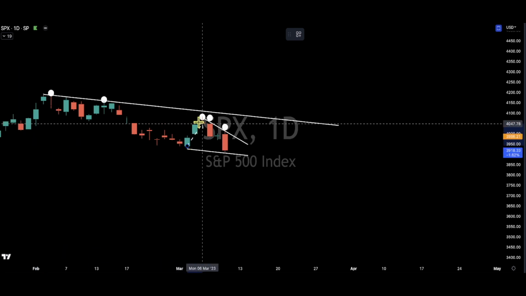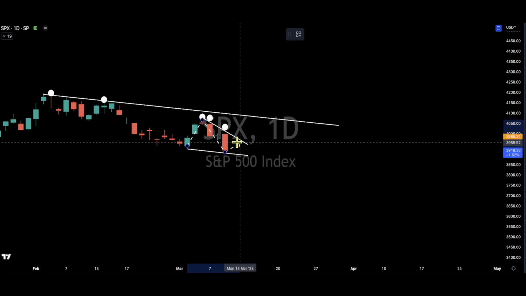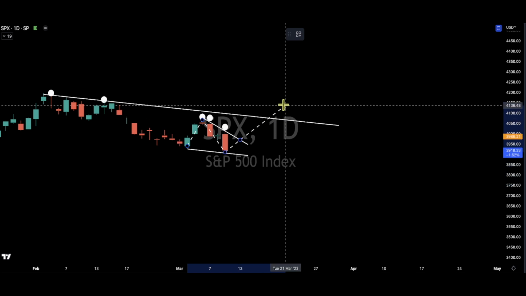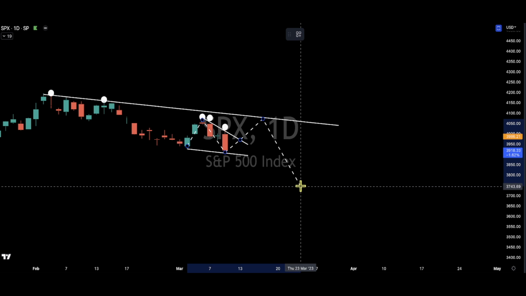So we went here and then we came down. Now we can hit here and fall, which is what I think is going to happen. But we can also pop out and then hit our head here and then go down.